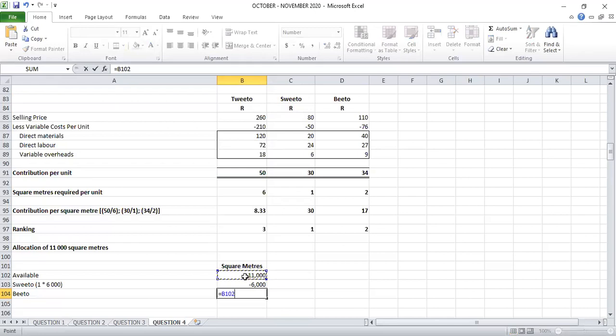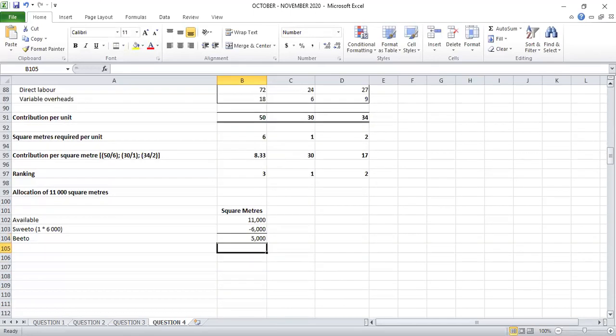So we're going to allocate 5,000, and nothing will go to Twito because we only have 11,000. So Bito required 8,000, but we don't have the 8,000. So we just had to give it the 5,000 that is remaining.